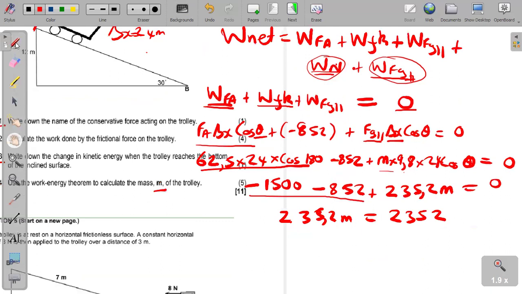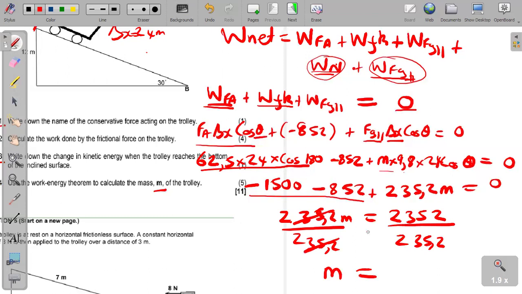Okay, so divide now by that value, divide by 235.2. So m is going to be equal to 2,352 divided by 235.2, and obviously we get 10. So that marks our m, meaning to say m is 10 kgs. We have arrived at the value of m.